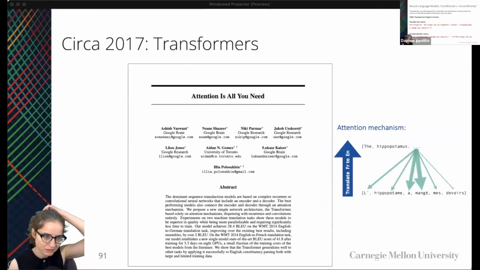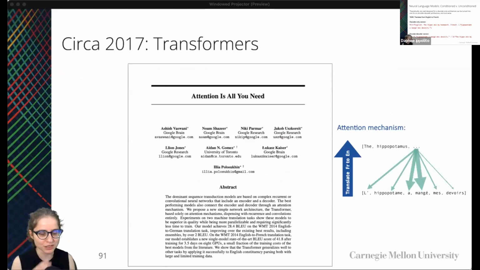Okay, so one of the things that happened in 2017 was this paper, Attention is All You Need, which had the brilliant insight that this attention, which was originally invented as a way to connect the encoder to the decoder, was actually really, really powerful.